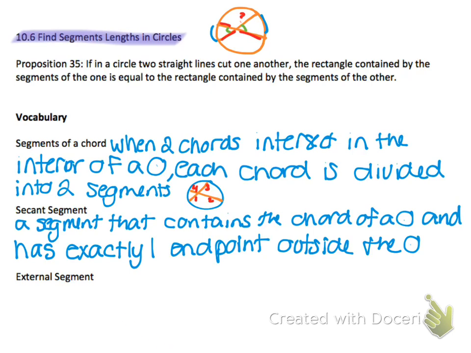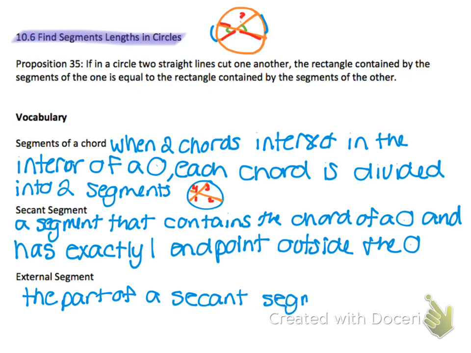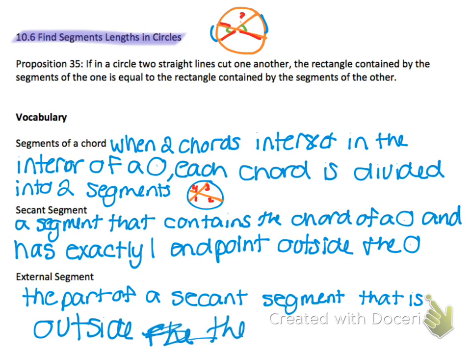Okay, and then the last one that we're going to look at is called an external segment. An external segment is going to be the part of a secant segment that is outside of the circle.